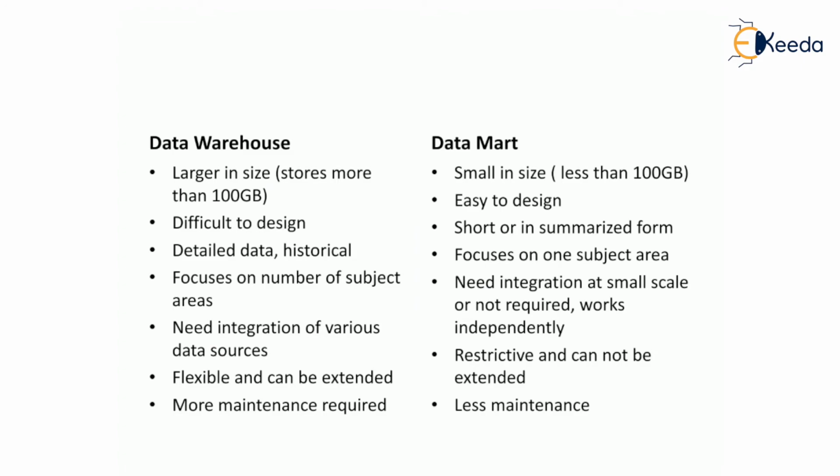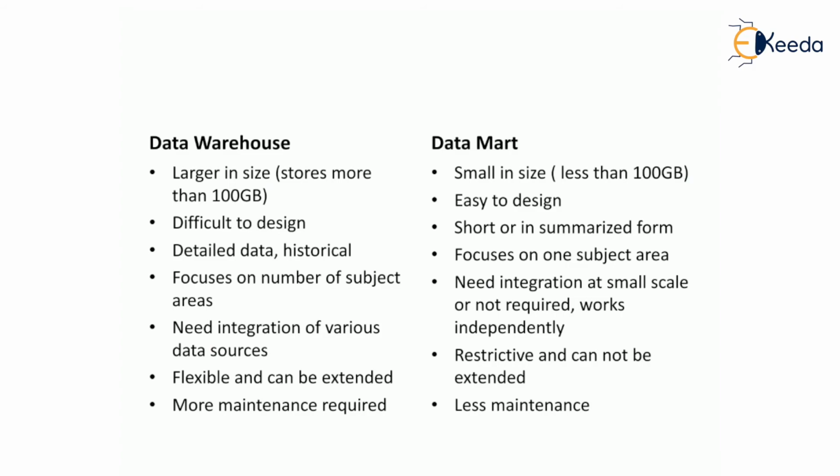So the capacity of a data warehouse is more than 100 GBs, while it is less than 100 GBs for the data mart. Another point of difference is the design. As the data warehouse size is bigger, it is very difficult to design, and a data mart is easier to design as compared to a data warehouse.